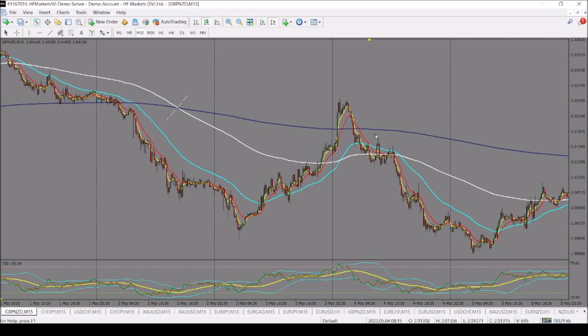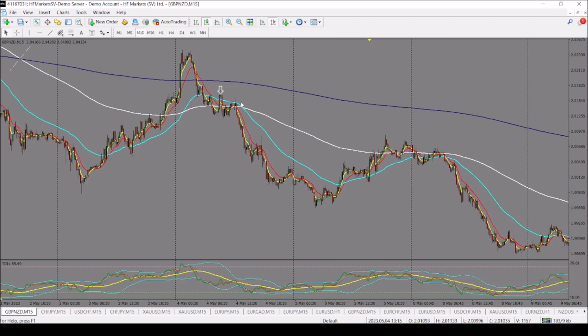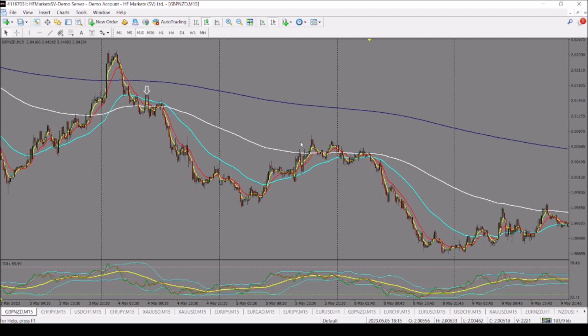So our entry was going to be at this particular point, right? After that, we had a 50-200 EMA cross, and then we had a retest of the 200, and then we had another 50 EMA retest, which offered us an entry point at this particular point, right?